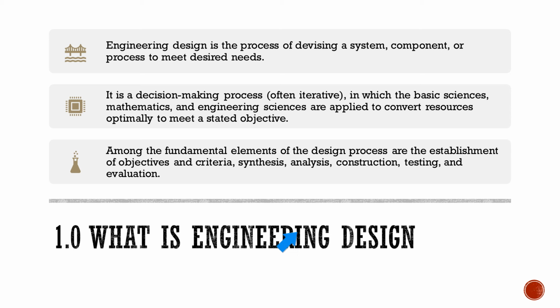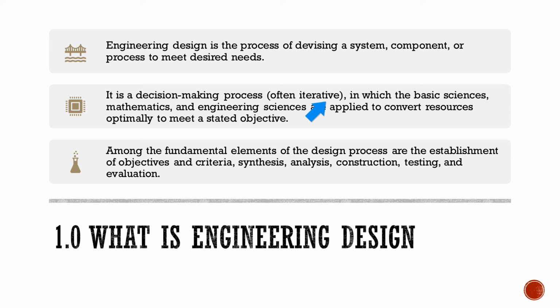Engineering design is the process of devising a system, component or process to meet desired needs. The main characteristic of engineering design is that it usually involves a decision making process, and sometimes it is an iterative process.